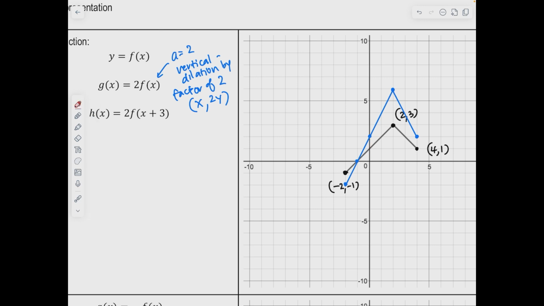The next thing I'm going to do is go left 3 units because my h value is negative 3. So from there, I just count 1, 2, 3. Okay, so from here, I will just connect them.